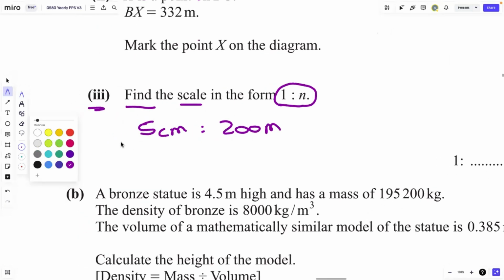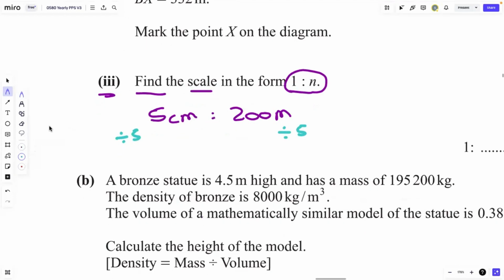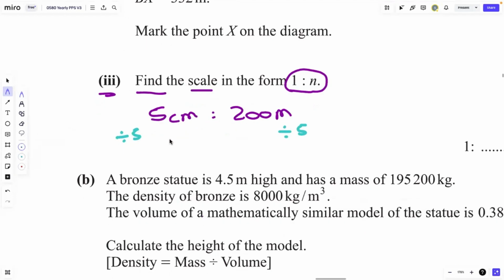We can make 5 into 1 by dividing it by 5. And since we do that on this side of the ratio, we have to do that on that side of the ratio as well. So this is just going to become 1 centimeter. And 200 divided by 5 is going to give us 40 meters.